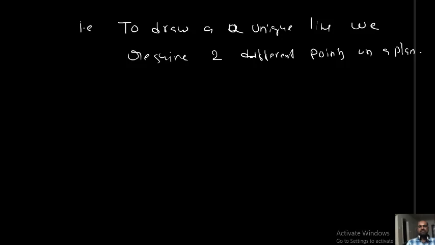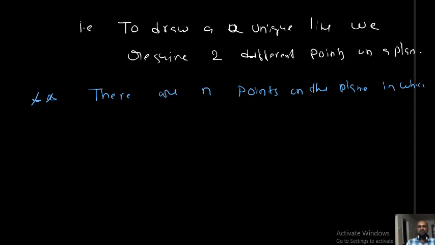Okay students, now the question is: there are n points on the plane, in which no three are collinear.